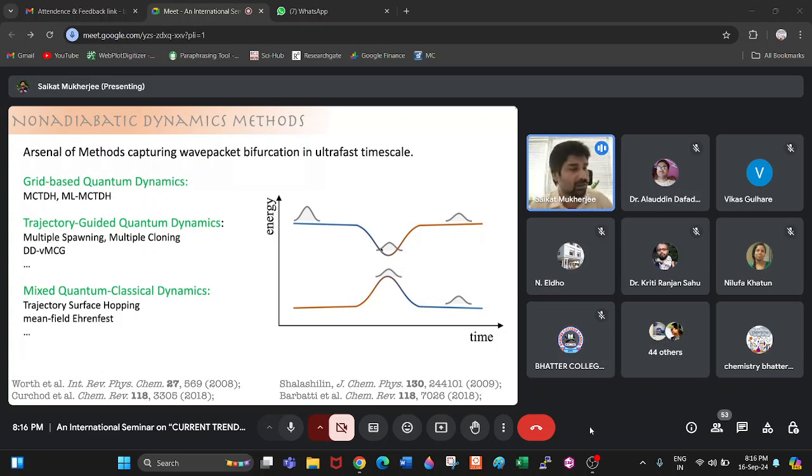If you like quantum dynamics, which we all like, then you have MCTDH-based methods. These are different names. I am not going to tell these details because it will require another 2 hours. But I'm just throwing you some names to get you familiarized. So you have grid-based quantum dynamics like MCTDH and the multi-layer version of MCTDH.